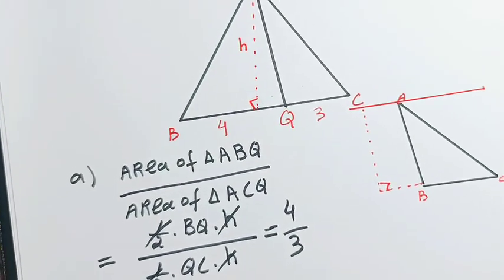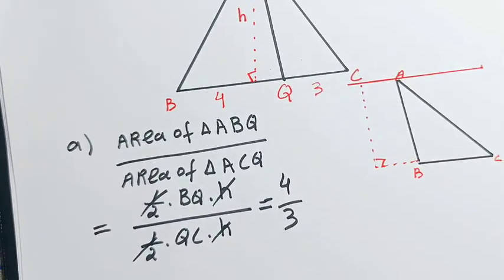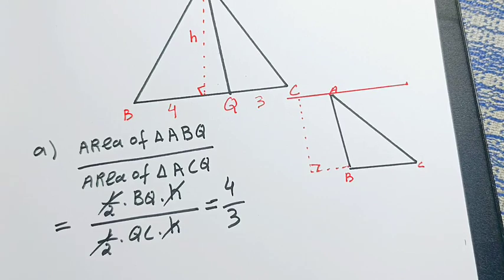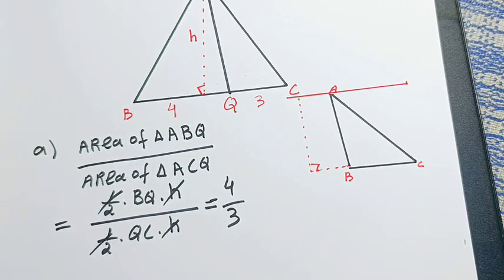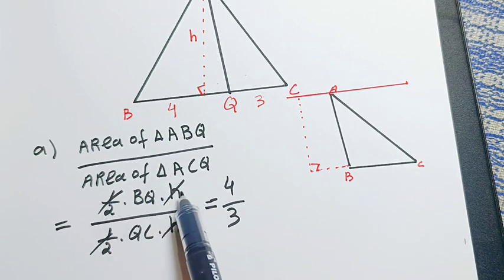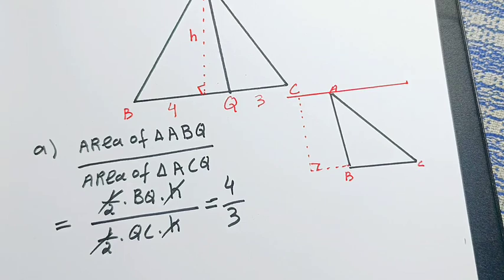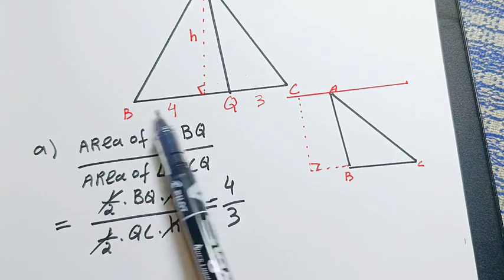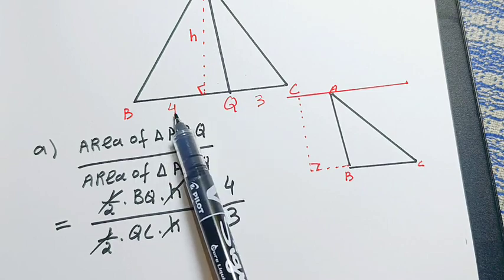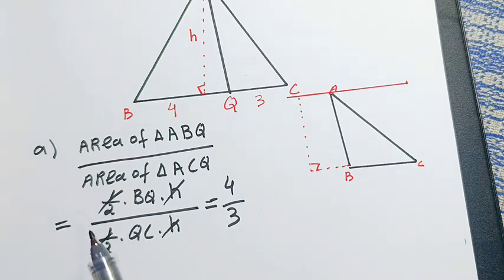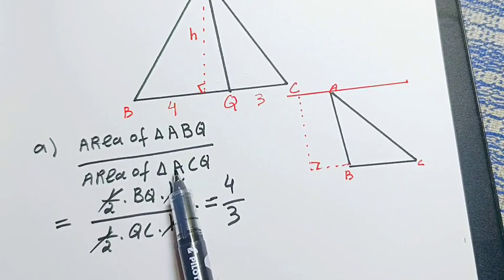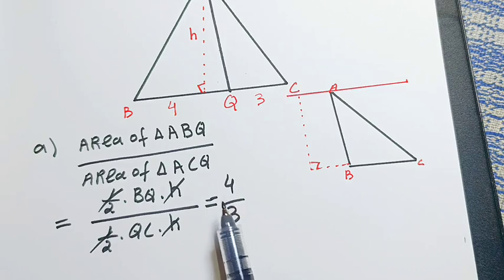Remember, we learn something very important here. When you have the same perpendicular height, the ratio of areas of triangles is equal to the ratio of their bases. Have a look here: the ratio of their bases is 4 ratio 3. So always, the ratio of areas is equal to the ratio of their bases. Again, I'm repeating, these are the ratio of areas of two triangles, and the ratio of areas is equal to the ratio of their bases.